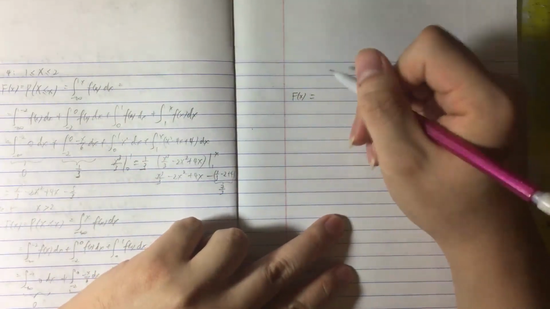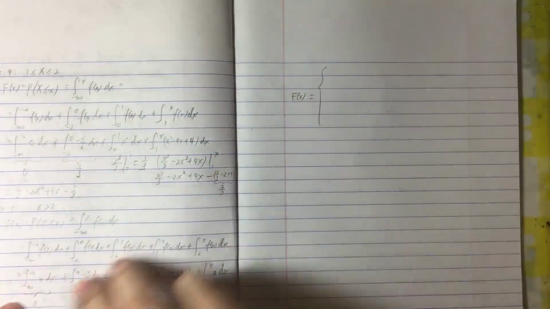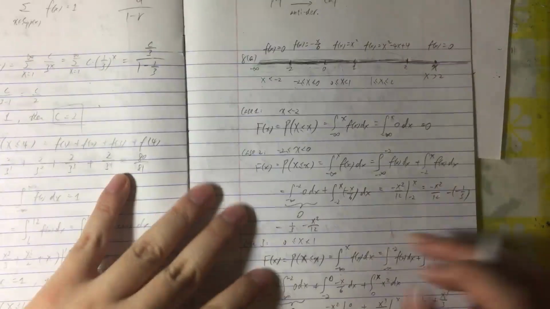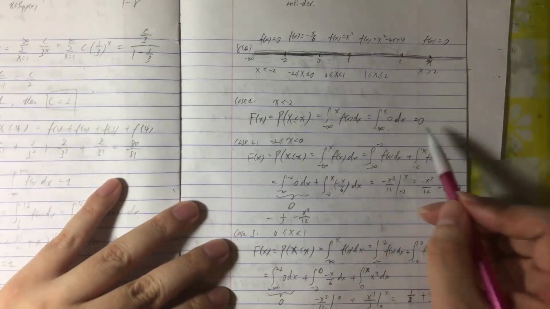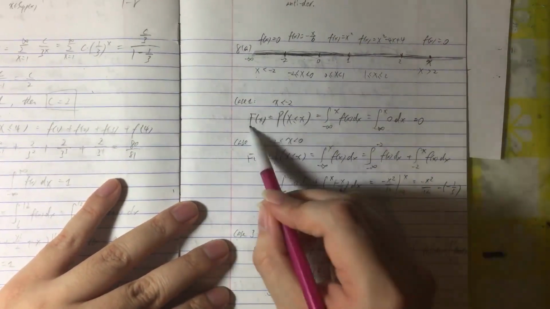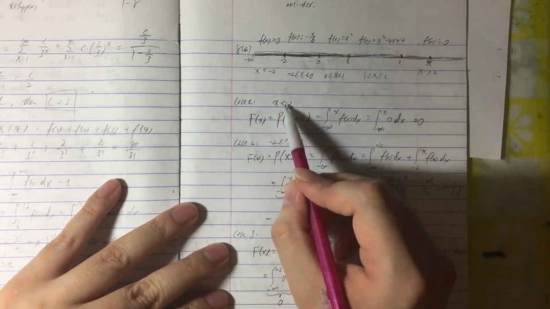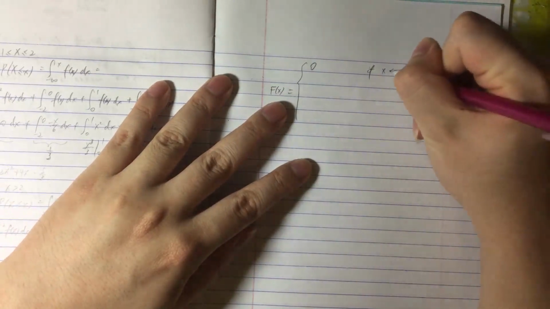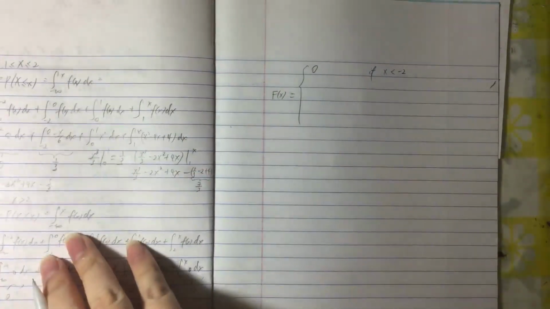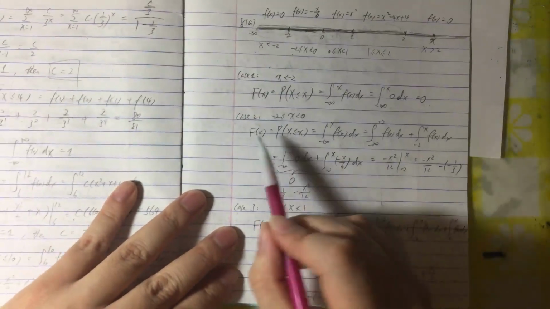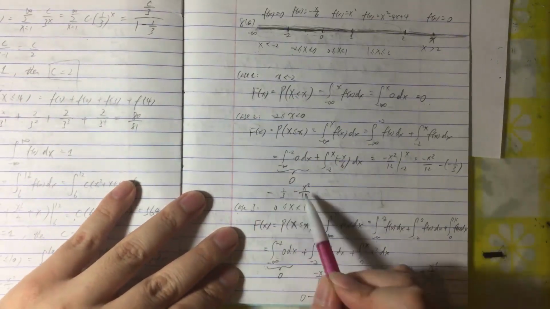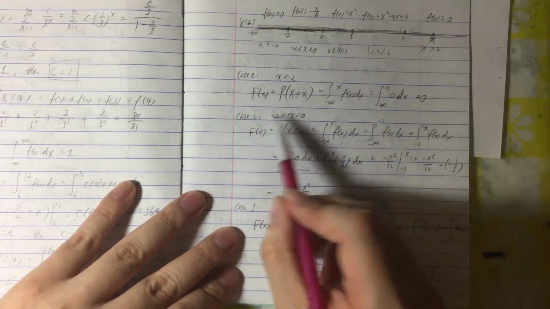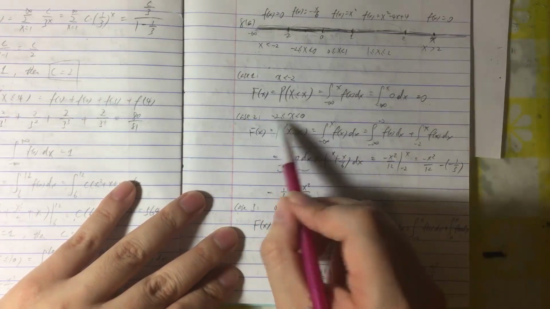The CDF F of x is, first of all, 0 if x is less than -2. Case 2: F of x is 1/3 minus x squared over 12 if x is between -2 and 0.